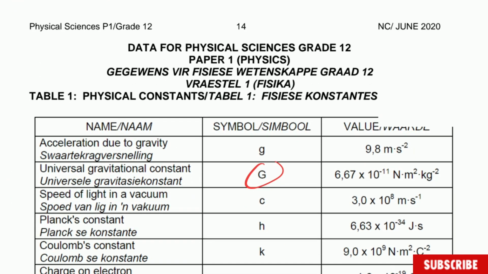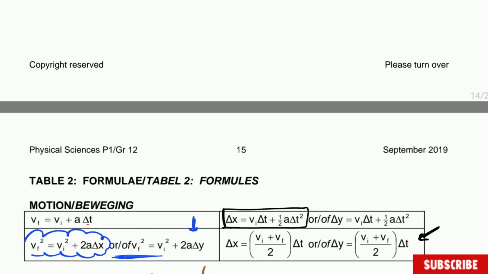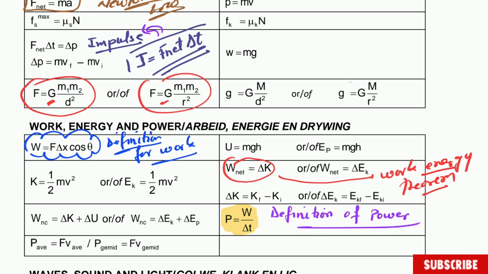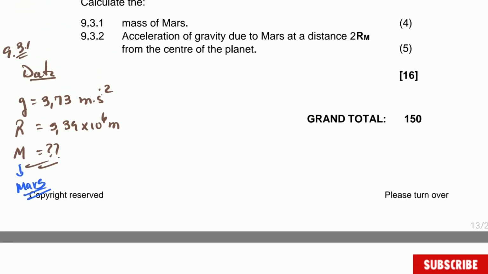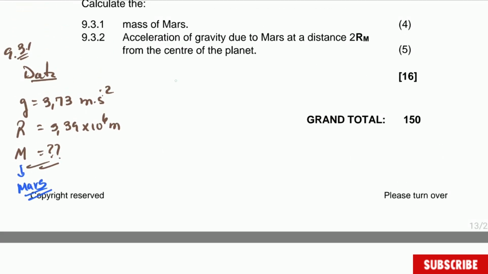So if you go to the formulas, what formula can we use here according to the data we have? Here it is, guys. Acceleration due to gravity is equal to G multiplied by the mass of the planet divided by the distance squared. So if we write the formula, g is equal to capital G mass of the planet divided by the radius of the planet to the power 2.